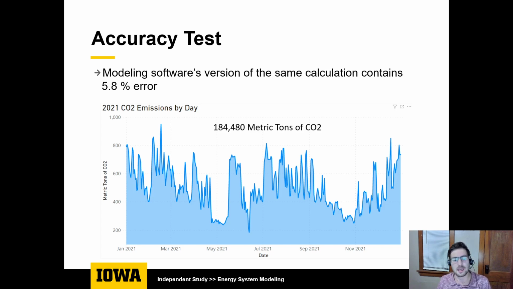But in the case of this graph, it produces this number once a day for the year of 2021. So we can see how our CO2 emissions rise and fall throughout the year. So at the peaks of this emissions graph, there's probably high demand for energy, and we're probably using coal to meet that demand, and that is going to lead to higher CO2 emissions for that day.